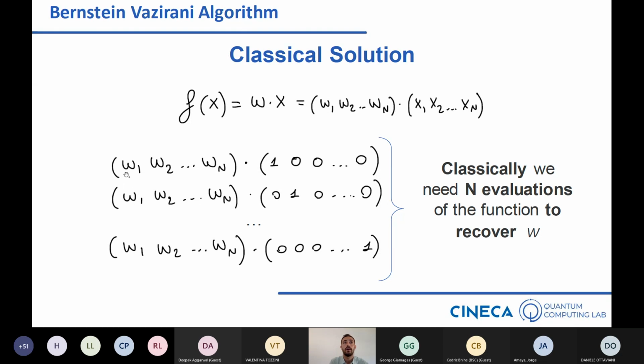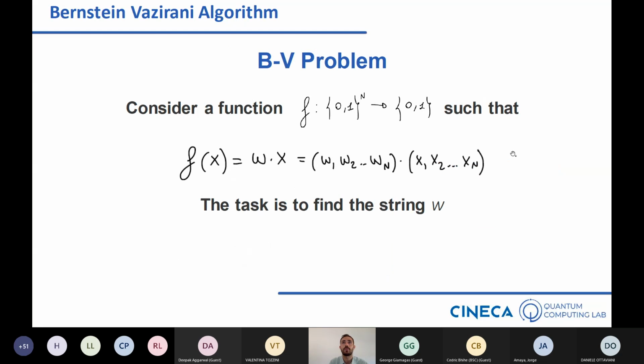So basically, the product is this one: you do omega 1 times x1 plus omega 2 times x2 plus, and so on, omega n times xn.